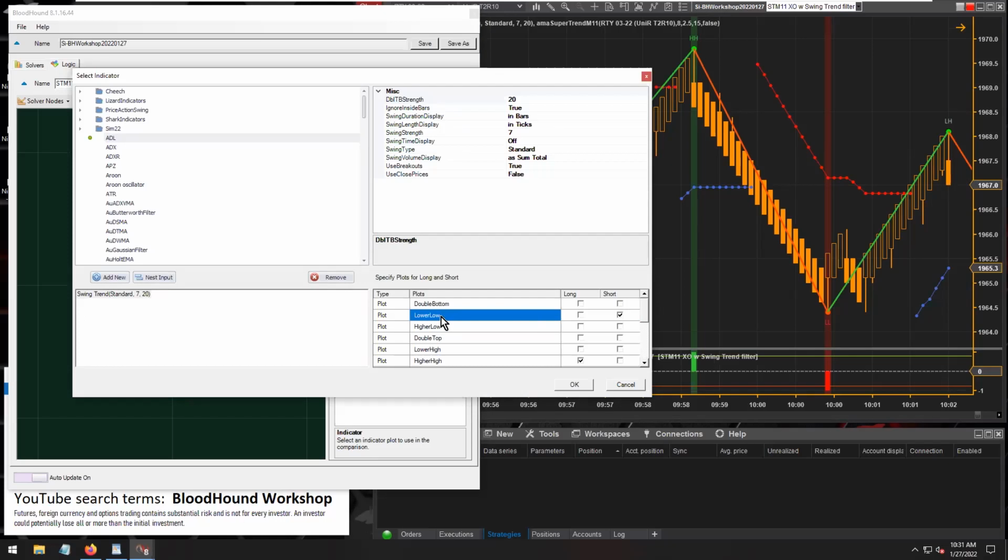It's outputting a 1. Normally, when an indicator is identifying a downtrend, usually it'll output a -1. But with this swing trend, since the lower low is separated from the higher high points, they're both outputting a +1.